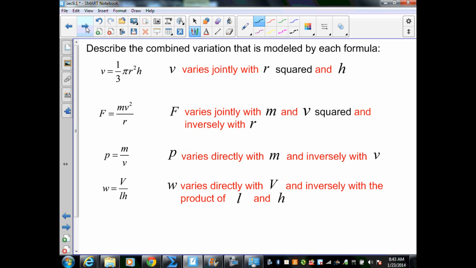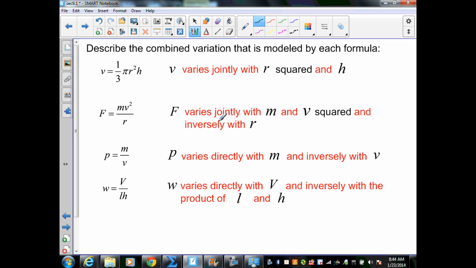So here, describe the combined variation that is modeled by each formula. I already have that specified to the right of the formula. V equals 1/3 pi r squared h. V varies jointly with r squared and h. F equals mv squared over r.